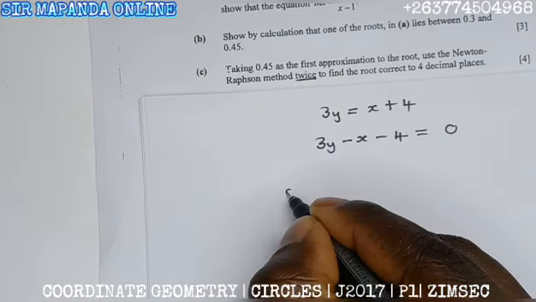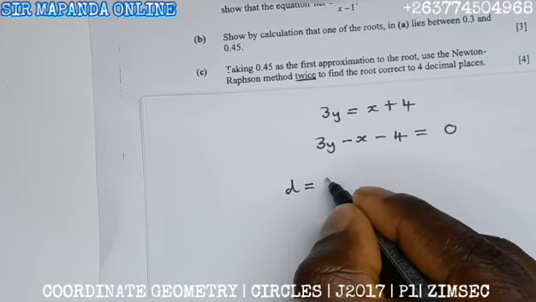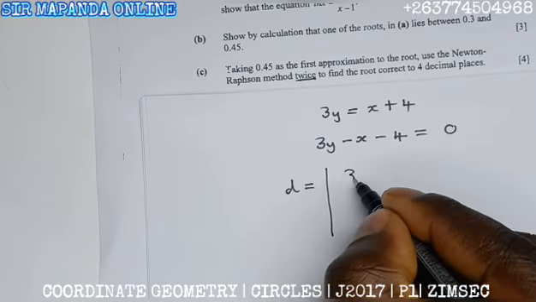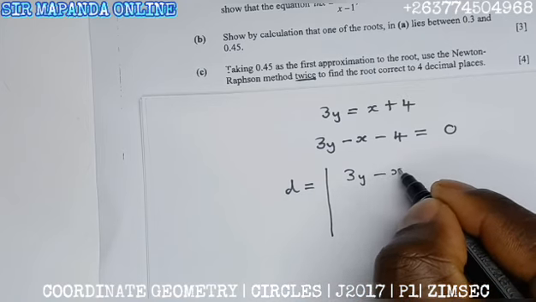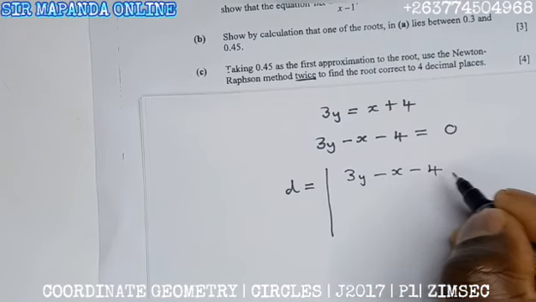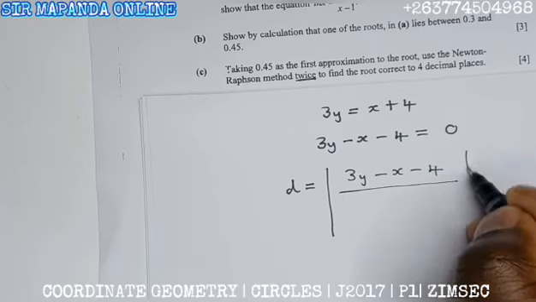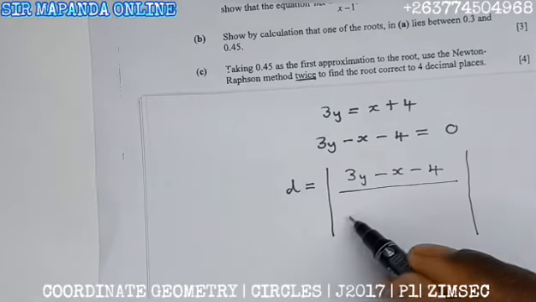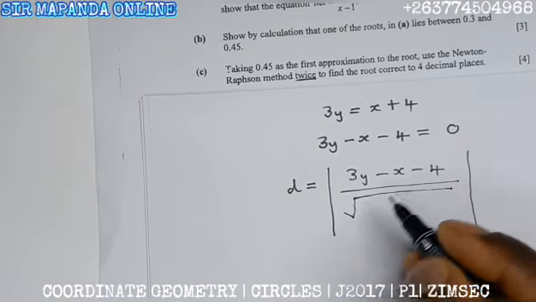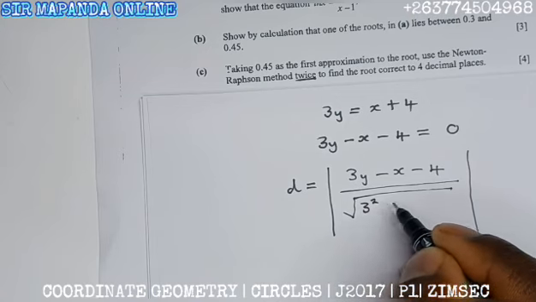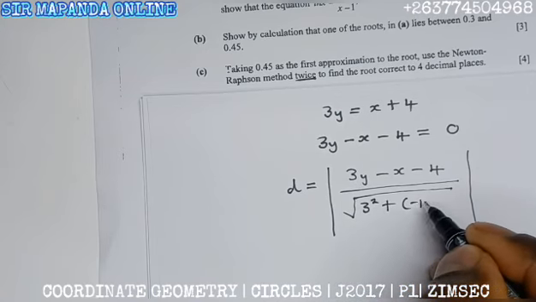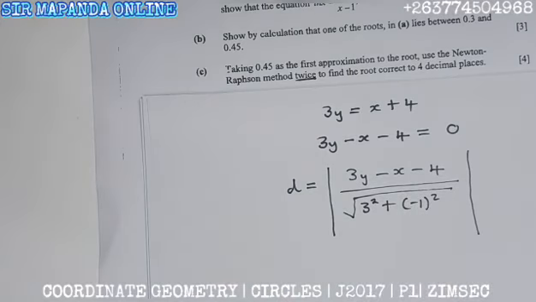So here is the working. You write distance equals, then you write 3y minus x minus 4 as your numerator. You put modulus. Divide this by the square root of the coefficient of y squared plus coefficient of x squared. But you don't put 4 in the square root.